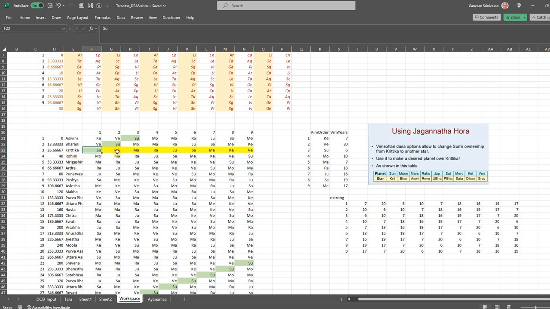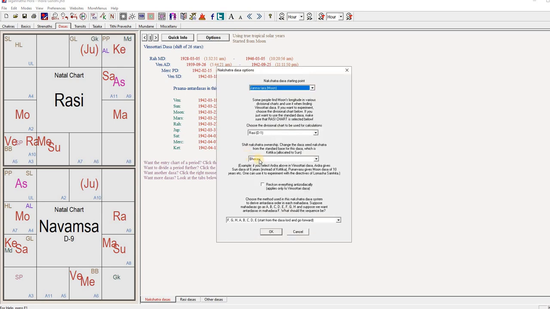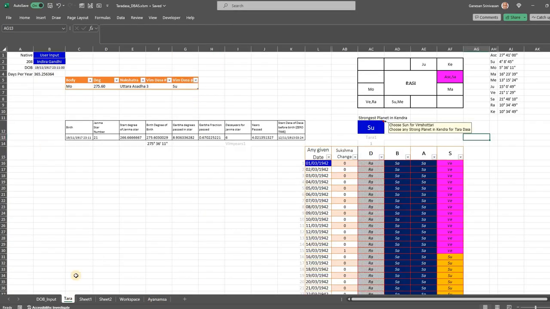If Moon were the Lord, then Sun rules Bharani. If Mars were the Lord, then Sun rules Ashwini. If Jupiter were the Lord, then Sun rules Uttarabhadra. So these Sun-ruling stars are marked here. In Jagannatha Hora you can choose that option, where if you choose Bharani, that means Moon is the strongest planet in Kendra. I'll explain it in a chart that I have taken up. So this Excel calc is erected.